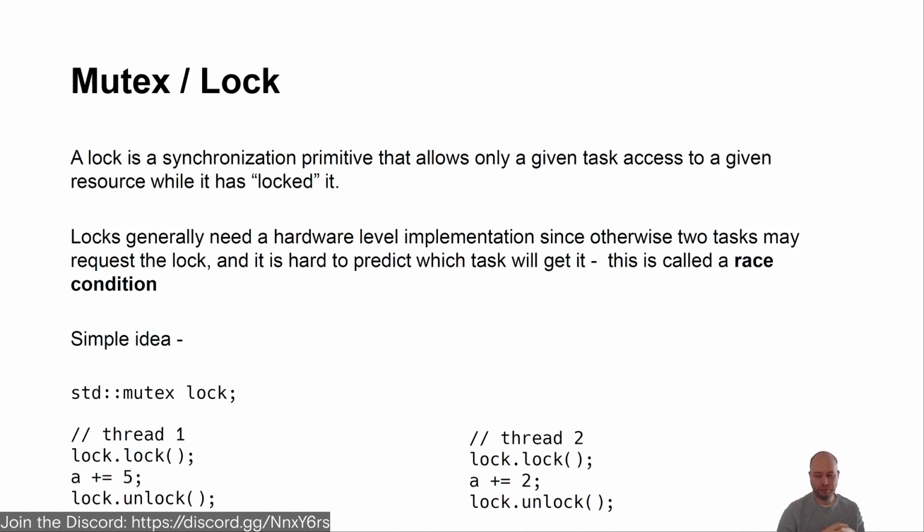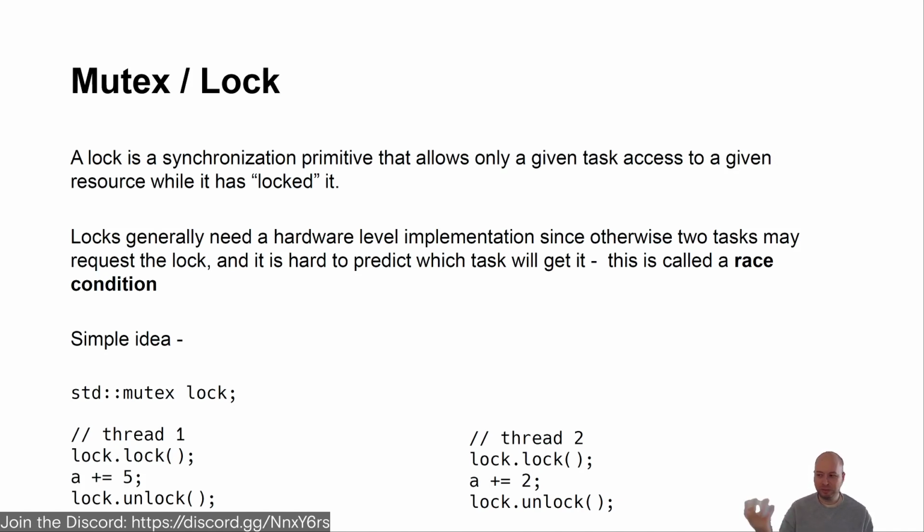As we talked about with race conditions before, locks are usually done at the hardware level to avoid that race condition situation, because we want that mechanism to be atomic. So when we request the lock, we either get it or we don't, and there's no question about it. It's a pretty simple idea, and it works really simply as well.